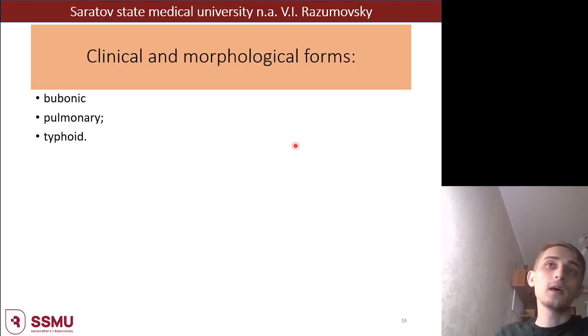Clinical and morphological forms: the bubonic form, associated with injury of lymph nodes and formation of bubos as in plague; the pulmonary form, in the airborne type of spreading; and the typhoid form, in case of sepsis, more typical for the alimentary way of spreading of this infection.